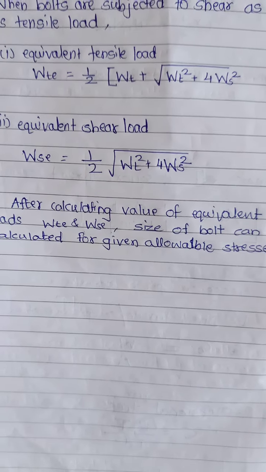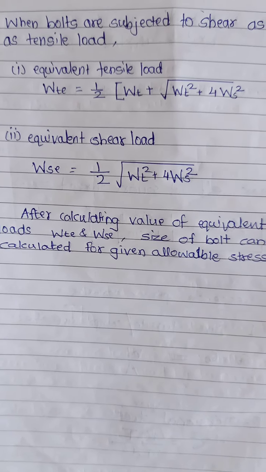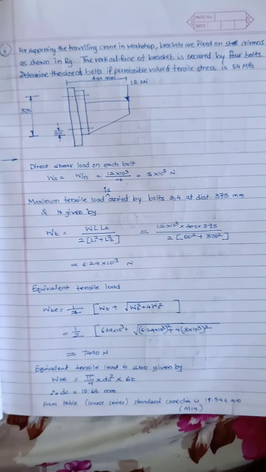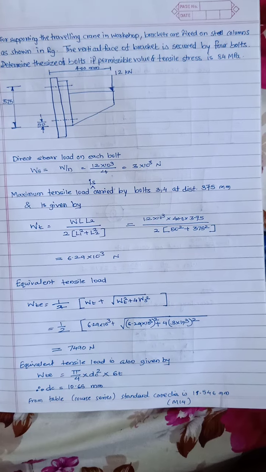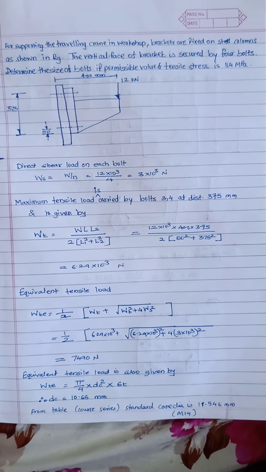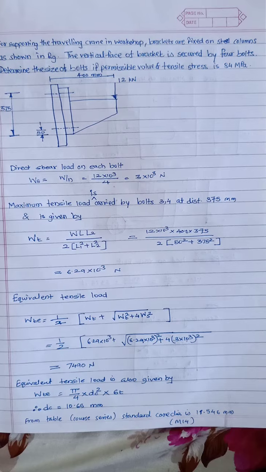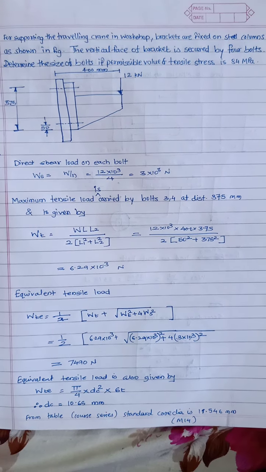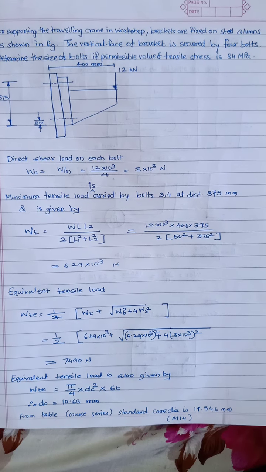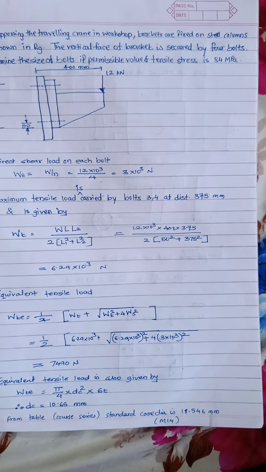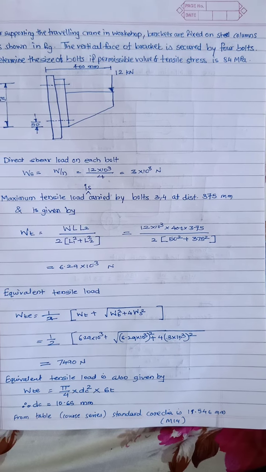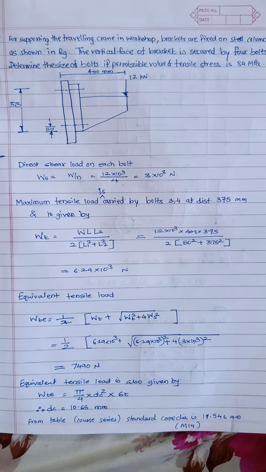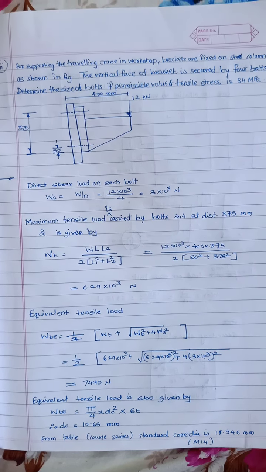Now let us see one problem on this second case. The problem is: in supporting the traveling crane in a workshop, brackets are fixed on steel columns as shown in the figure. The vertical force on the bracket is carried by 4 bolts at distance L1 equal to 50 and L2 equal to 375.